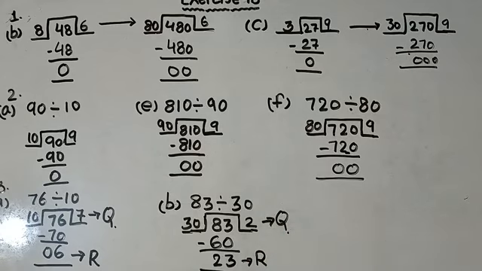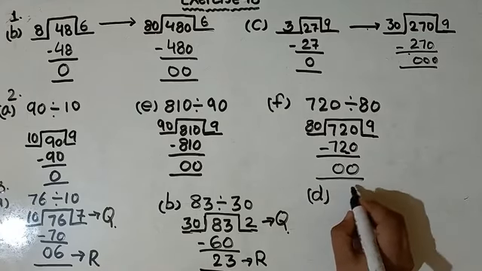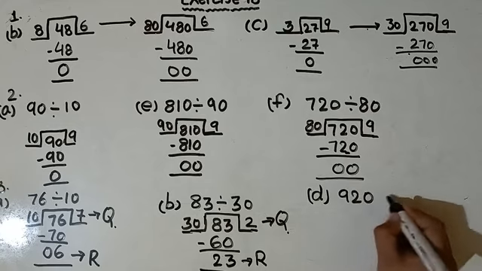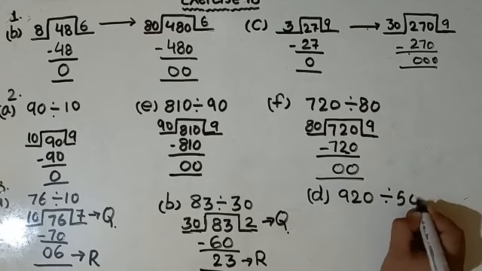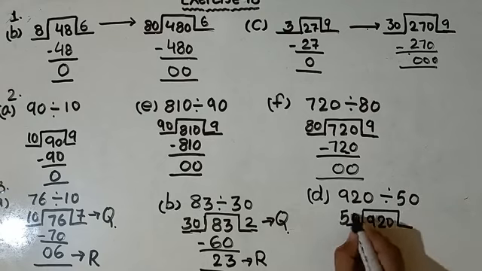Now I will explain one more. See, this D part, 920 divided by 50. So here we have 920 and here we have 50. See, 92 is the first two digits, and here we have 50.